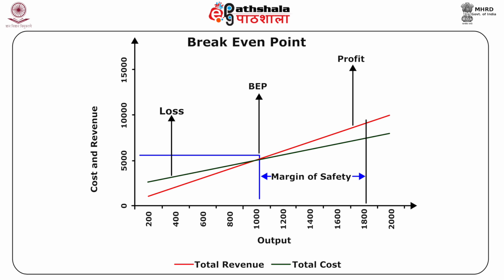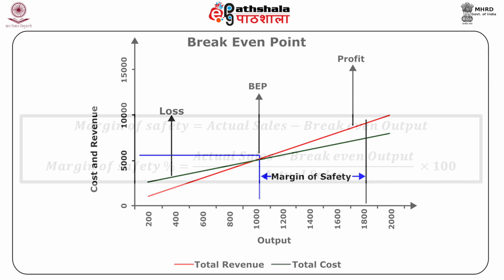And third situation is the break-even situation at 1,000 units of output where total revenue is equal to the total cost. When the firm produces exactly 1,000 units, it will earn zero profits and no loss. Point A is known as the break-even point of the firm.